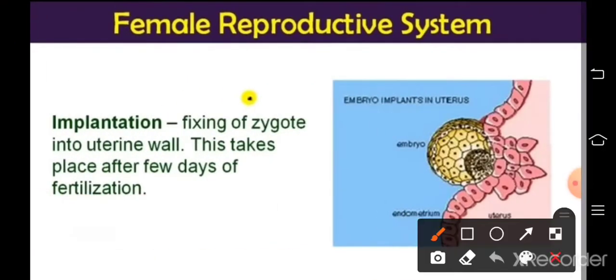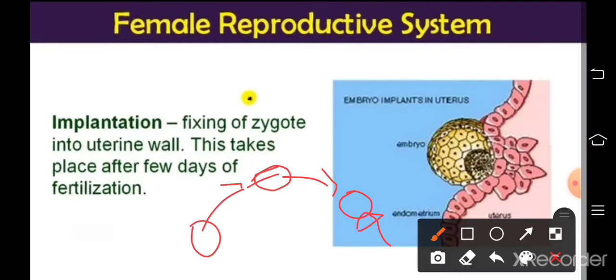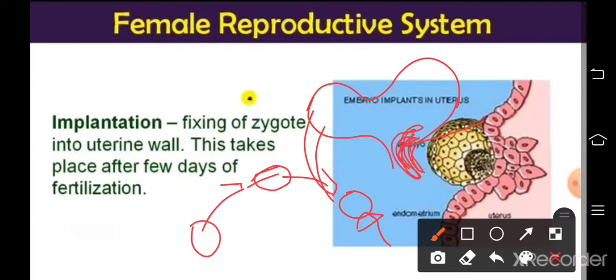After that, what is implantation? If the ovum is fertilized with sperm, it gets implanted into the uterine wall. Here implantation takes place.